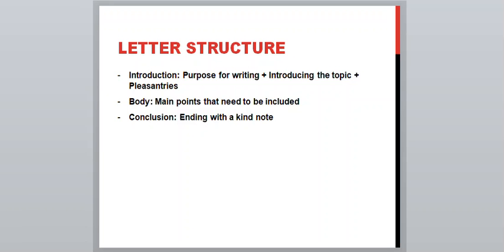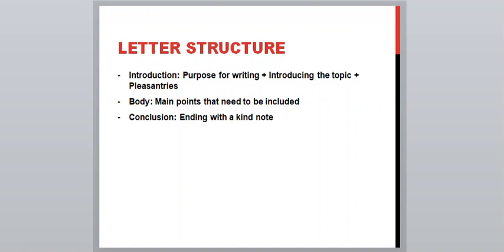So you can start off the letter by saying, Dear Sir, in a formal setting, I'm writing to, and then you mention the reason for writing. I'm writing to apply for the job post, for example, or I'm writing to inquire about a job vacancy perhaps, or perhaps you're writing to a university to inquire about the availability of a certain course in a certain semester. Then you introduce the main topic that you're going to write the letter on.